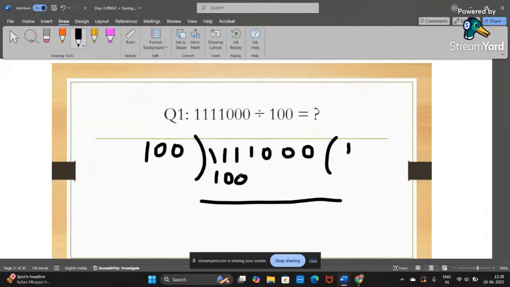So now we have to follow the division rule. What is the division rule? 0 divided by 1 is equal to 0. Then 1 divided by 1 is equal to 1. And what is the subtraction rule?